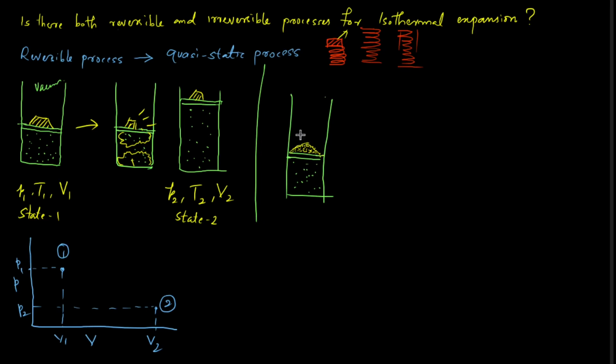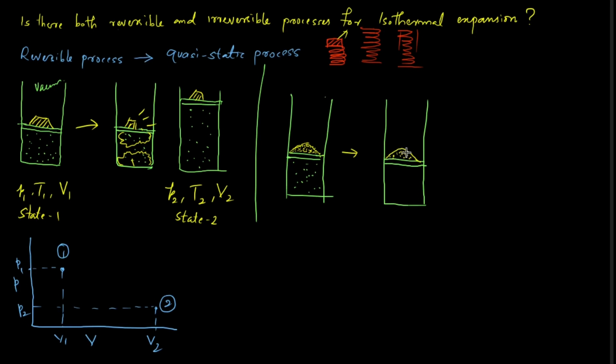In this case, if you have grains of sand, we don't have to remove half of the weight suddenly, which created this imbalance and these problems. Instead of removing the weight in one go, we will remove the weight grain by grain.